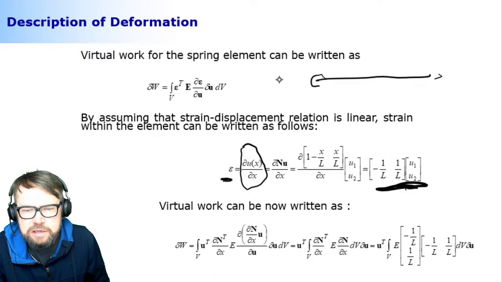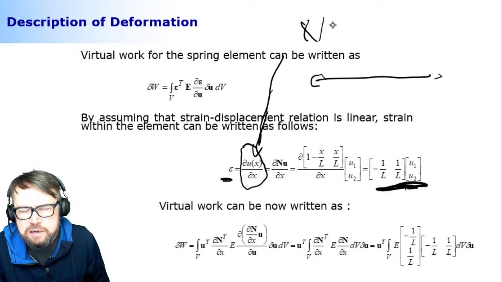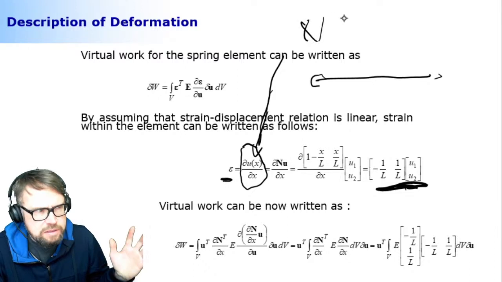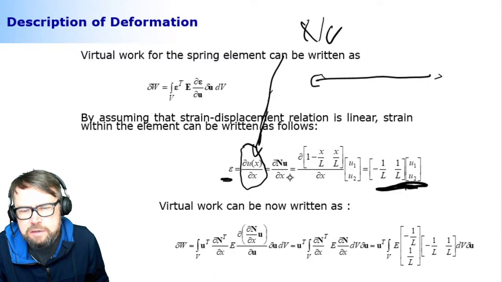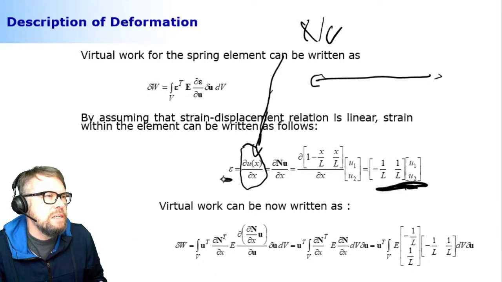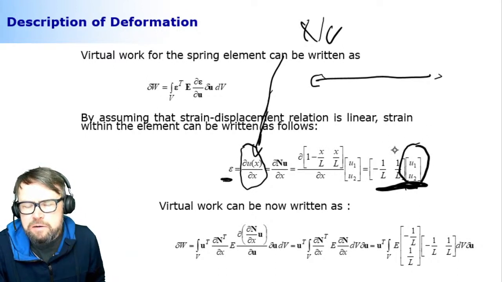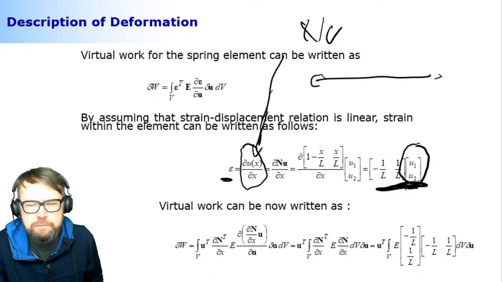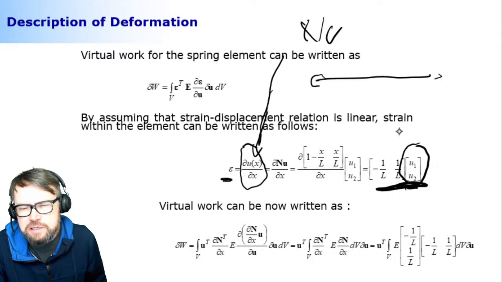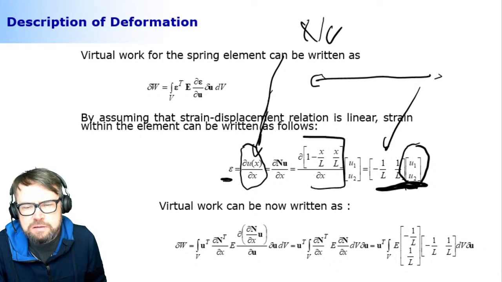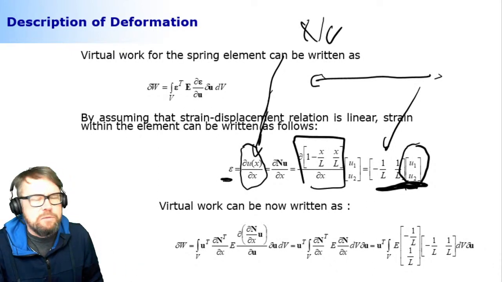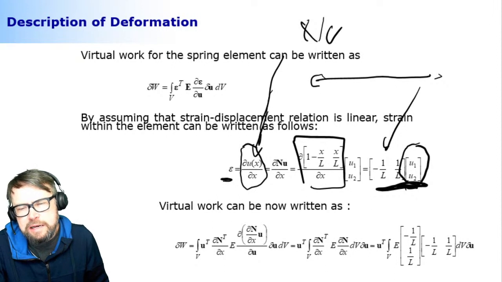And when I substitute here the displacement as the shape function matrix vector multiplied by nodal degrees of freedom, I can find the relation between the strains and nodal degrees of freedom. This is simply obtained by differentiating the shape function matrix vector again with respect to my coordinate x.